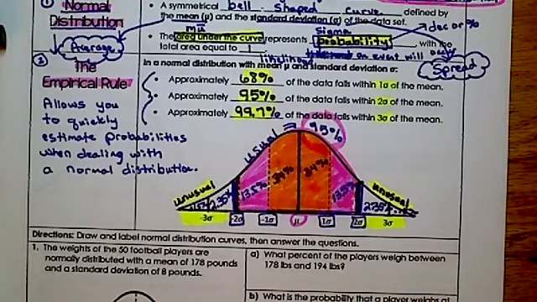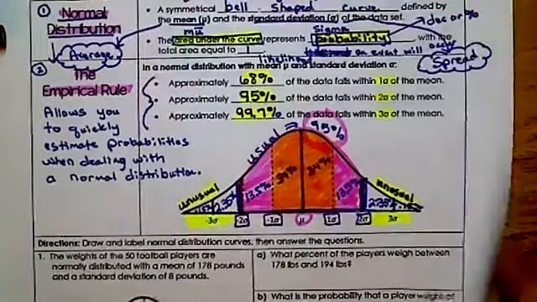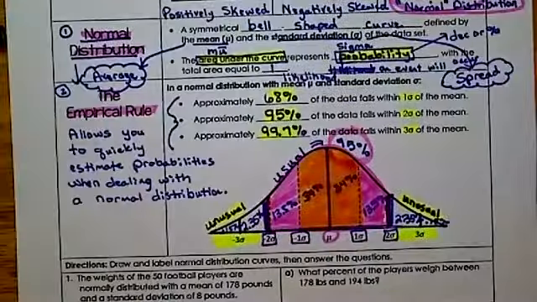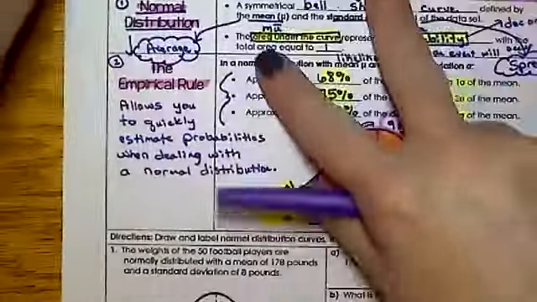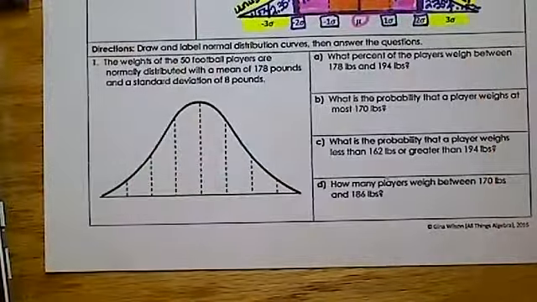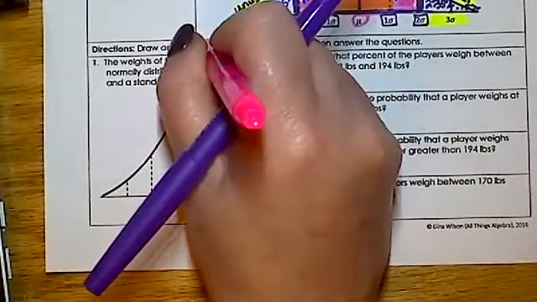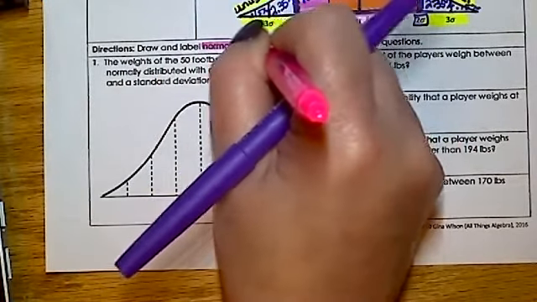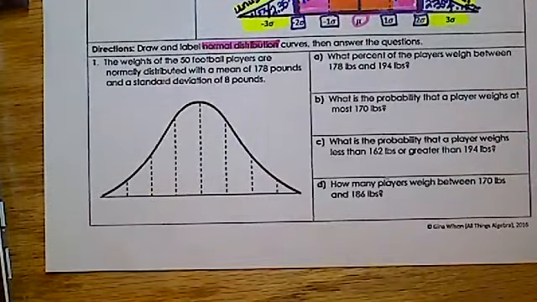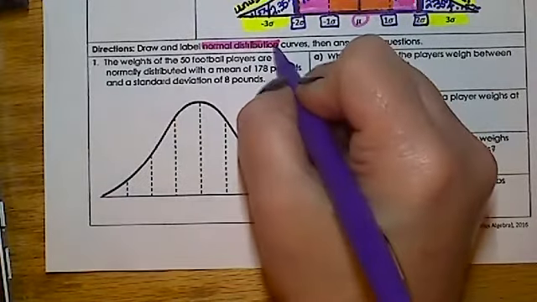Okay, so as we start the first question, when you go through these questions, the first step that you want to do is you want to see if it is asking you if the data is normally distributed. If it is telling you that the data is normally distributed, then currently it's wanting you to use this empirical rule.